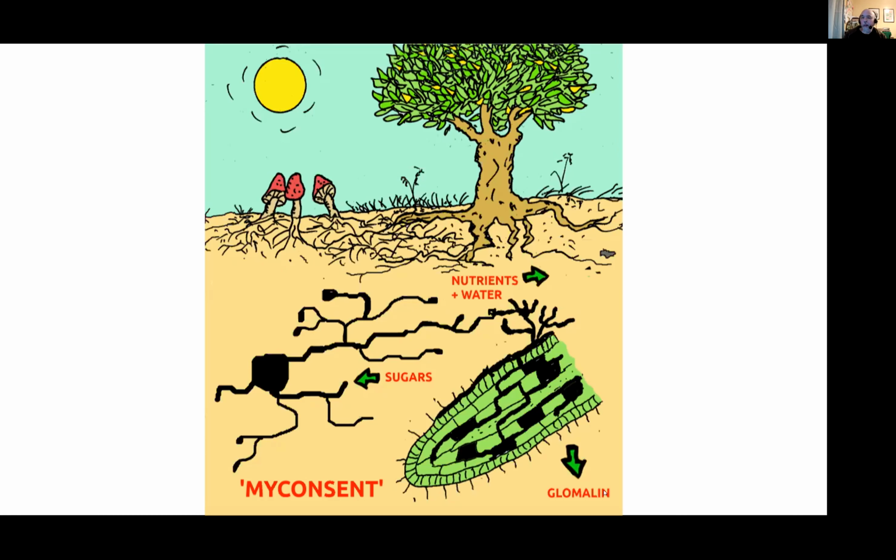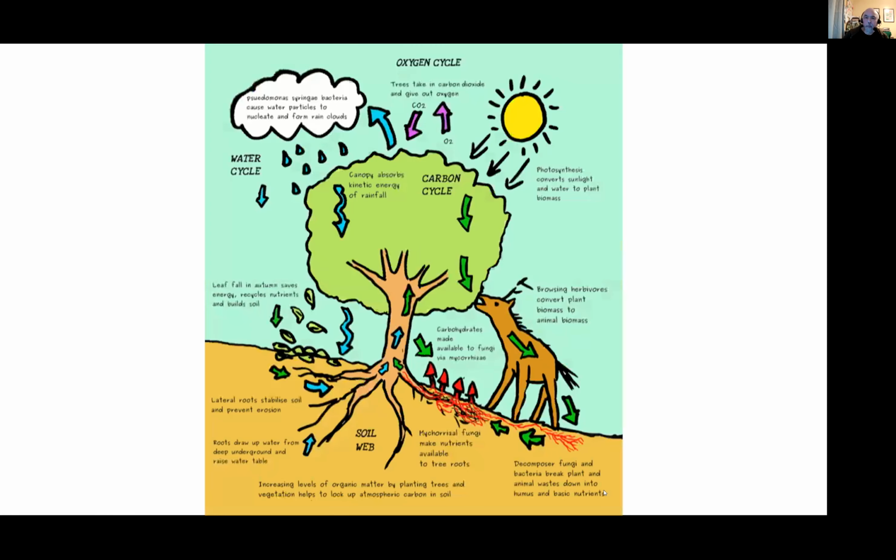So although the tree itself is taking carbon out of the atmosphere and locking it up as plant biomass, as wood, it's actually the glomalin being created that is the real carbon sink in this situation. So that's a brief look at mycorrhiza and some of those relationships.